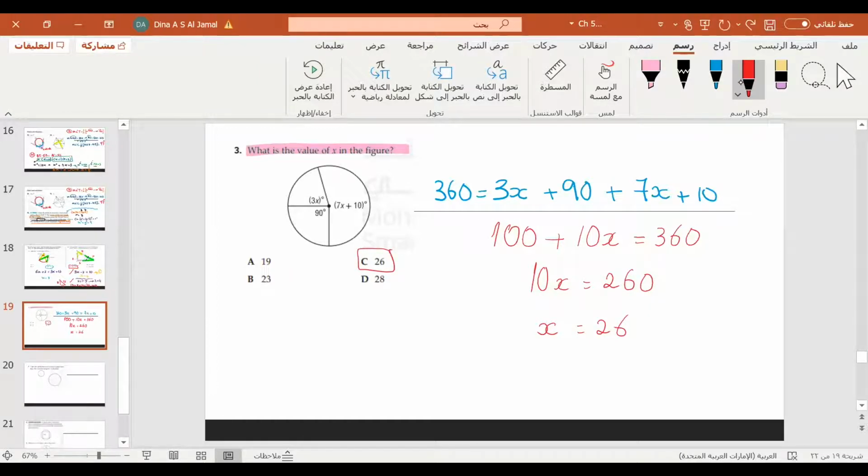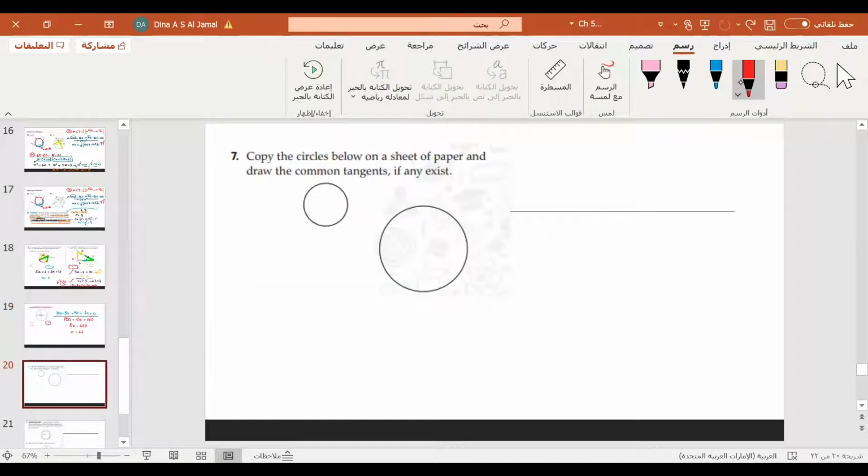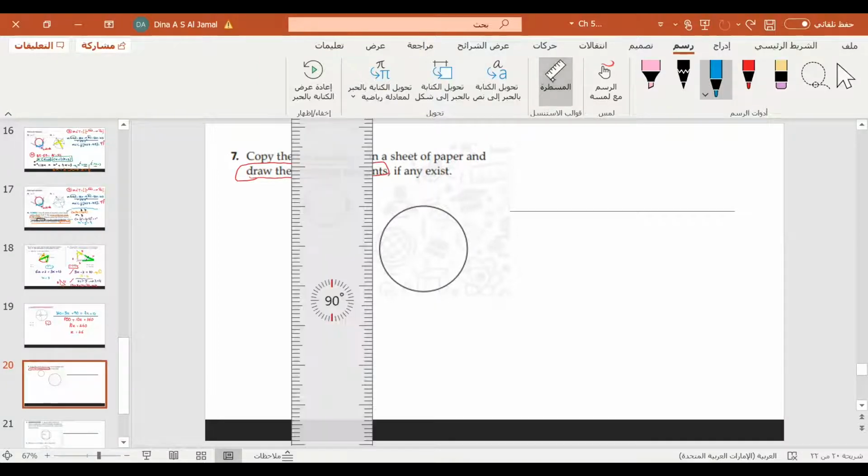Now, let's go to this question. Copy the circles below on a sheet of paper. I'm doing it on a laptop, so there's no need for me, but it is a conceptual question that they can give you in the MCQ. They can draw it for you in a ready graph. He would like you to draw the common tangent.